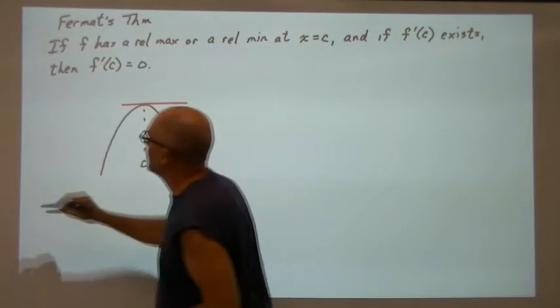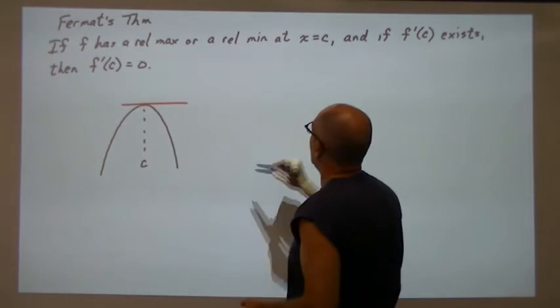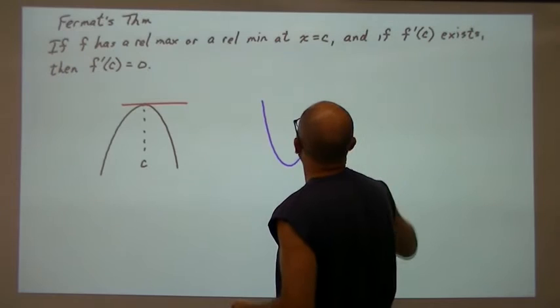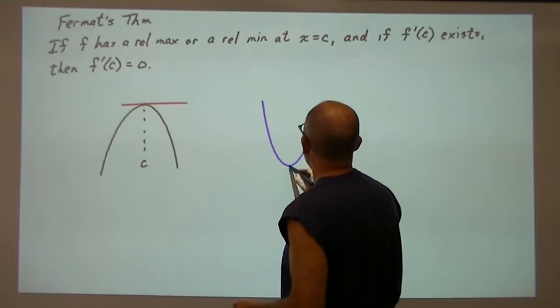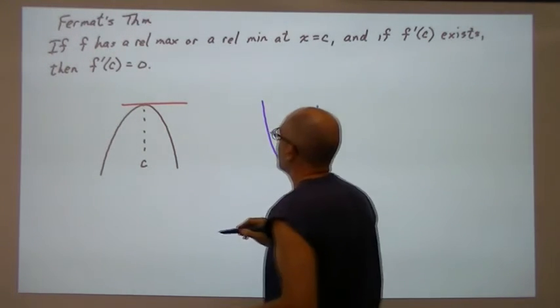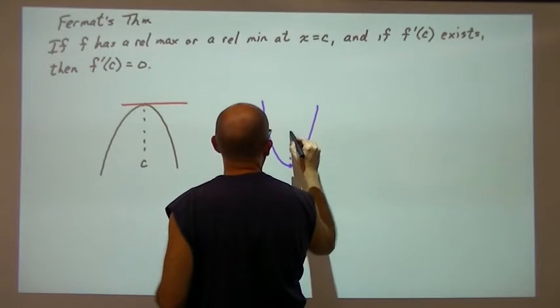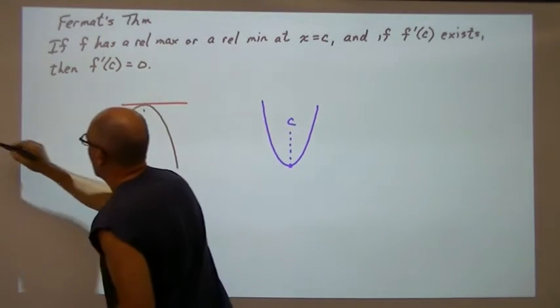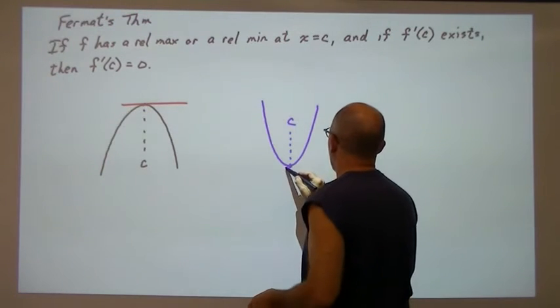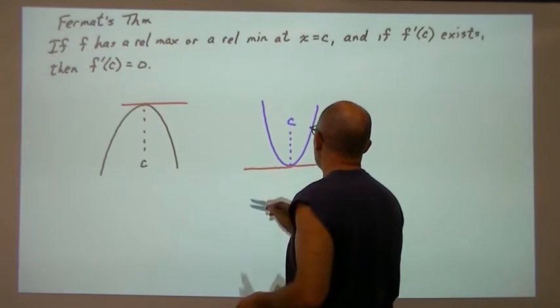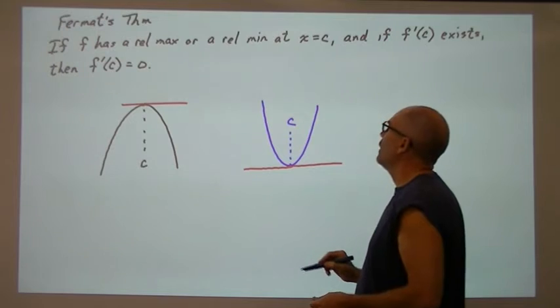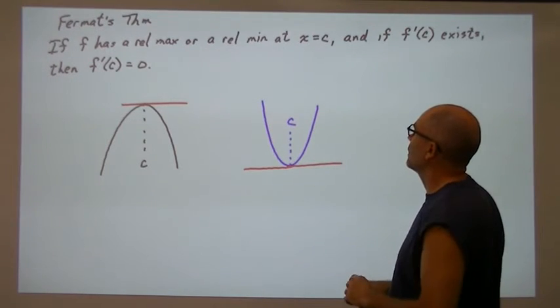And likewise, if I have a relative min, and we'll call this c also, the slope of the tangent is also 0. So that means f prime equals 0.